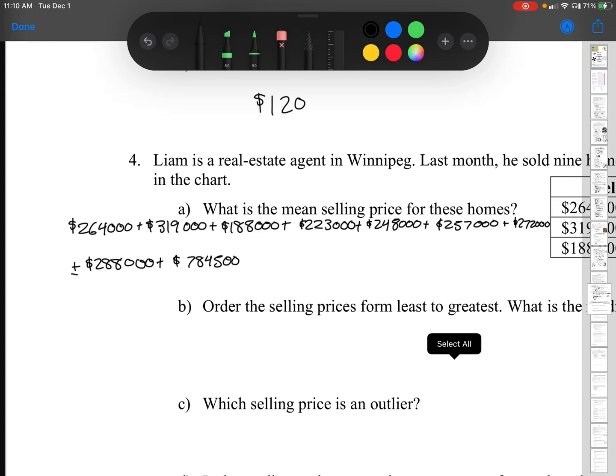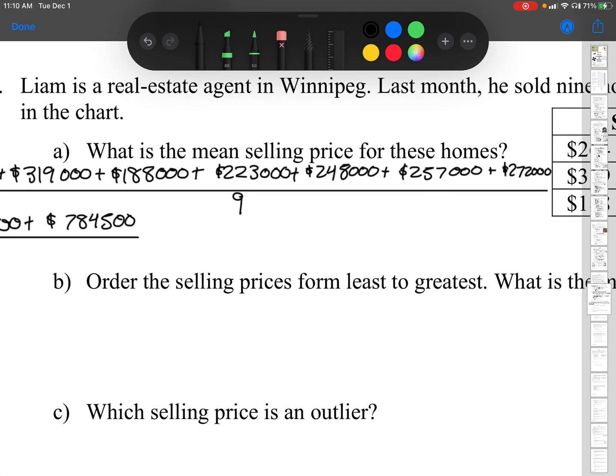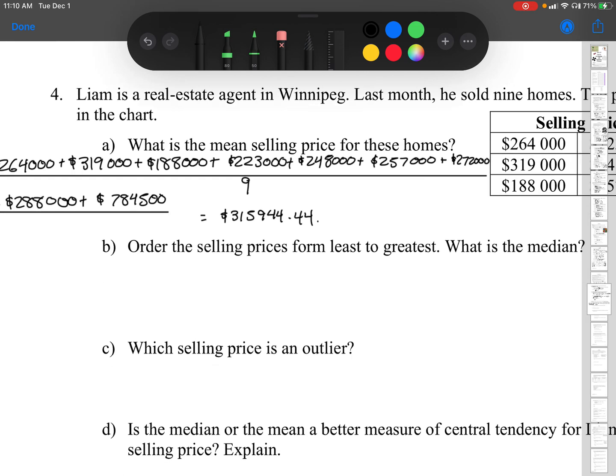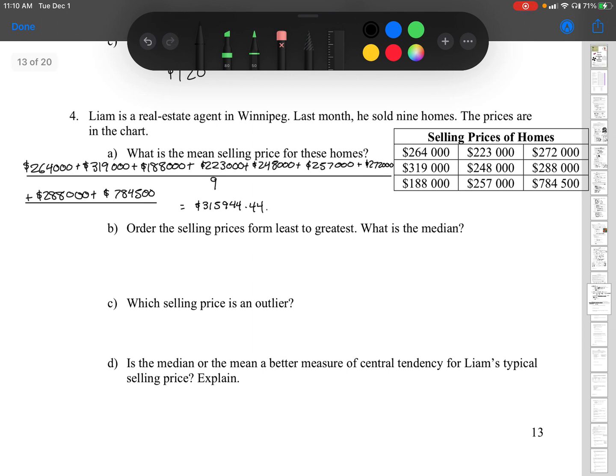And then we're going to divide all of that by the 9 homes that he sold. So we can add that all up, divide by 9, and that would give you $315,944.44, like so.